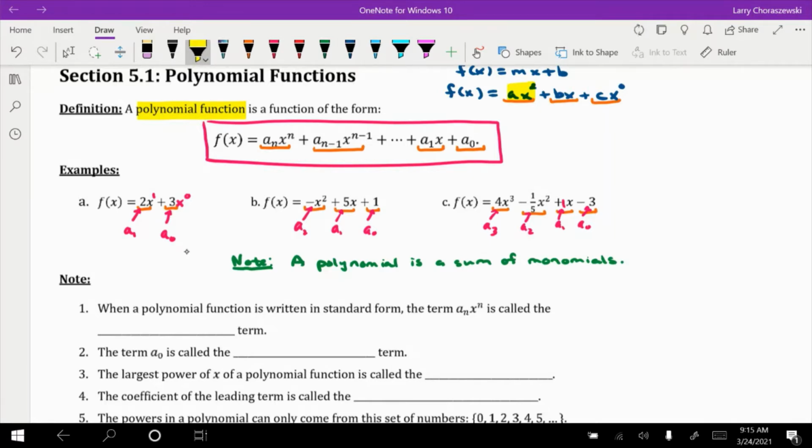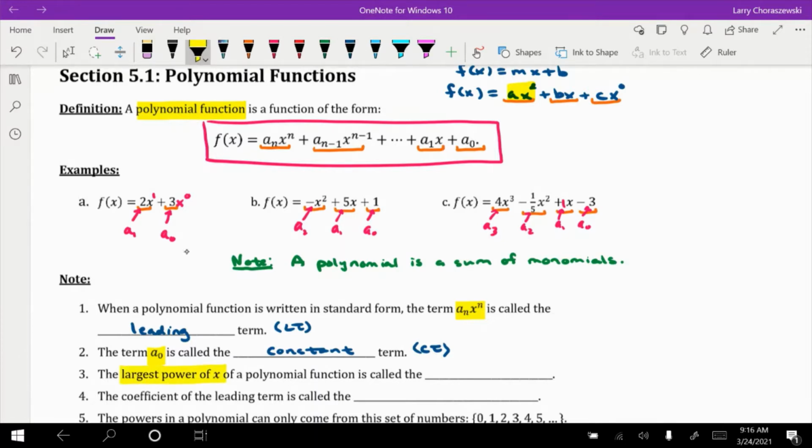This term, a sub n x to the n, is referred to as the leading term, and I'll usually write that as LT. The term at the very end, the one that does not have x written next to it, although you could, so long as you put x to the 0, is known as the constant term, or CT for short.